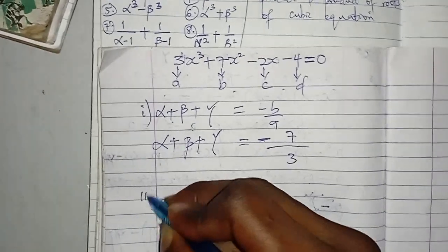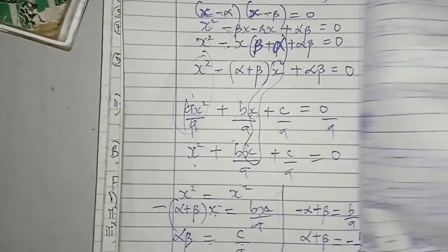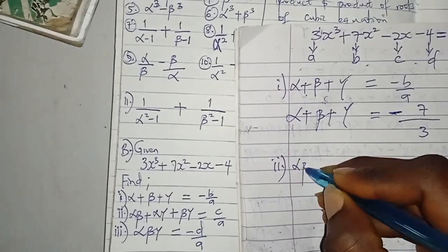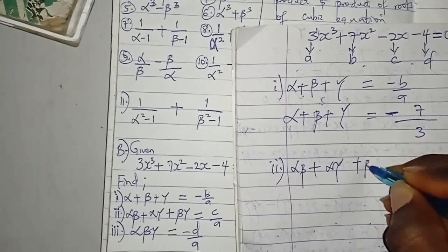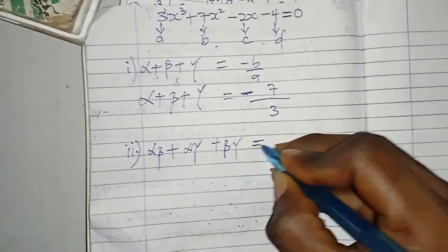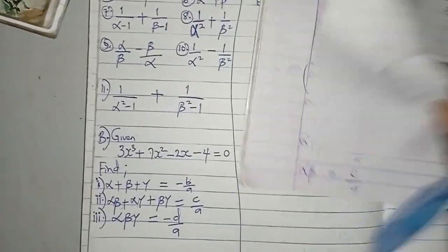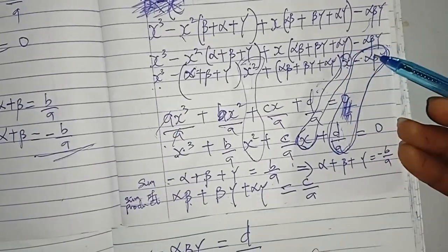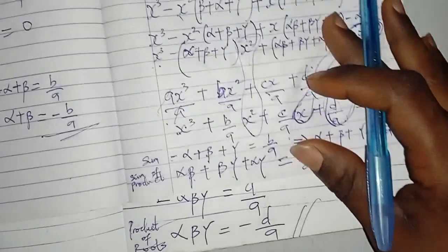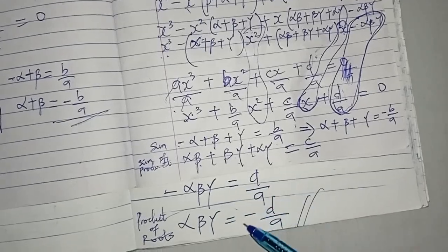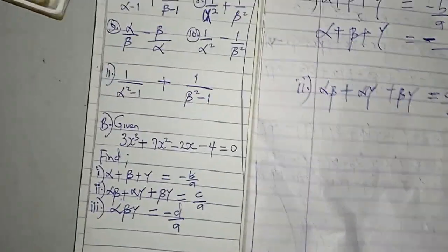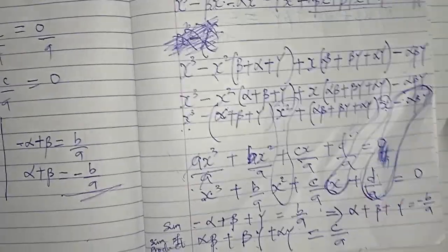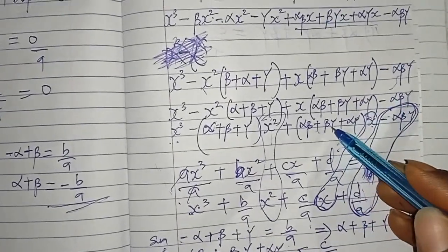So let's move to II. II says that we should find alpha beta plus alpha gamma plus beta gamma, and we know that it is equal to c over a, from what we did here after comparing everything. Sorry, we've not reached the other part.